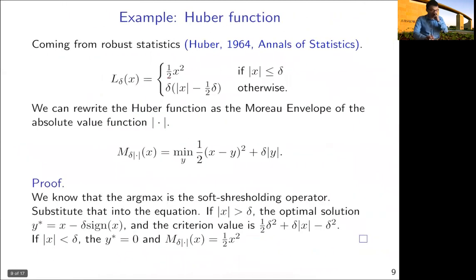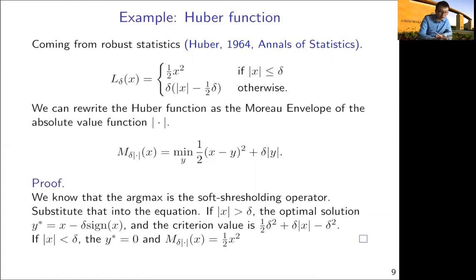Okay, so let's come back to the example of the Huber function. We talked about this before. What the Huber function is, is something that people came up with from the robust statistics literature that tries to get the benefit of both the L2 and L1.